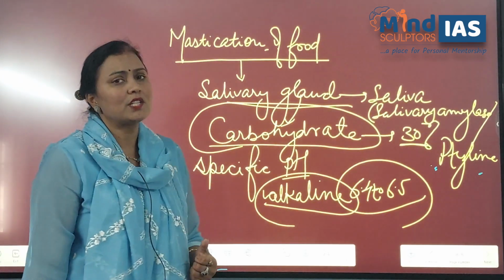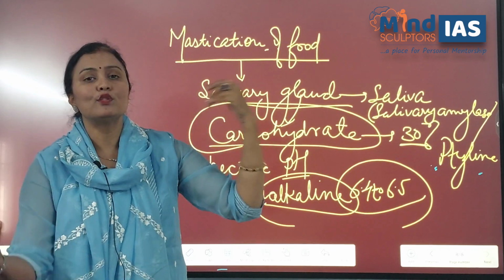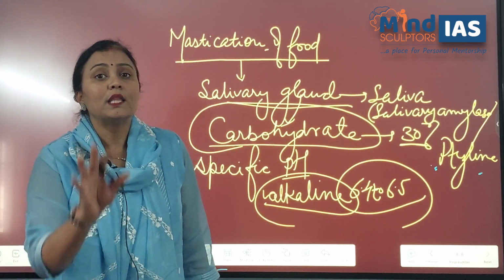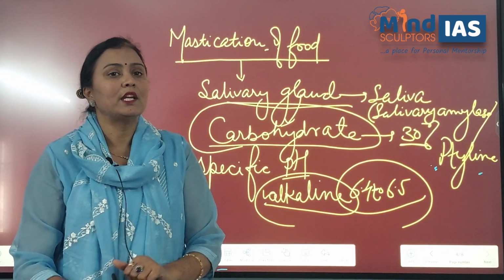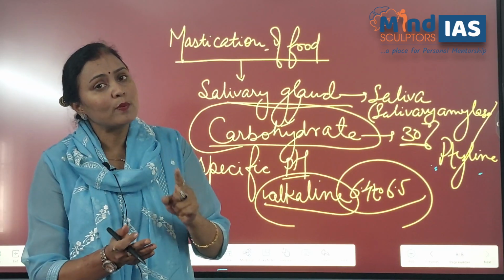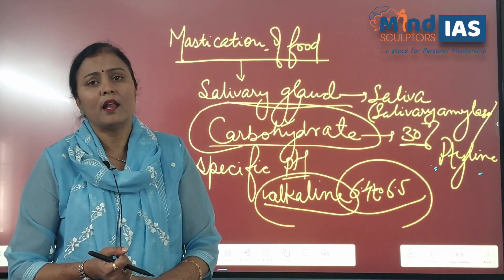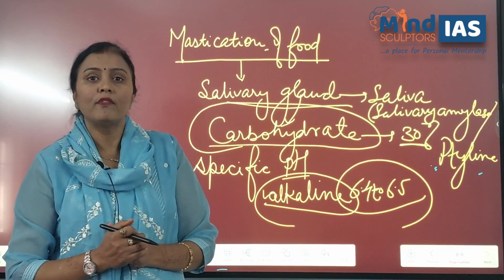Now why is this pH important? Because all the enzymes, which are also known as biocatalysts, work at a specific pH. If they do not get that pH, they will not activate, they will not show their function. That's why in the entire alimentary canal, different pH is there to maintain different activities of enzymes.